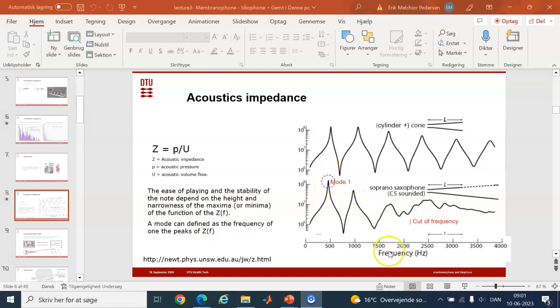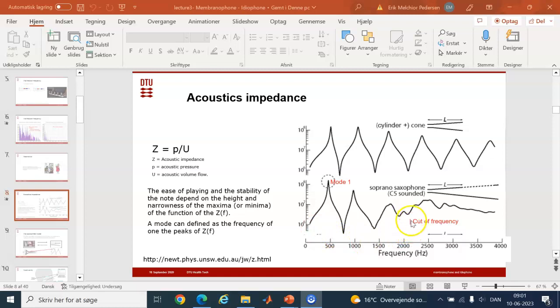Here we have frequency, and here we have peaks. Mode 1 here, and a conic cylinder is a saxophone. Modes 1, 2, 3, 4, 5, and the frequencies here are multiples of about 500 Hertz, and the next frequencies are multiples of 500.